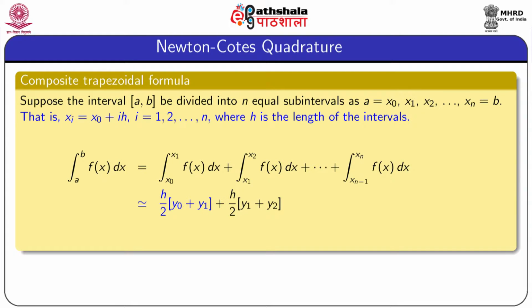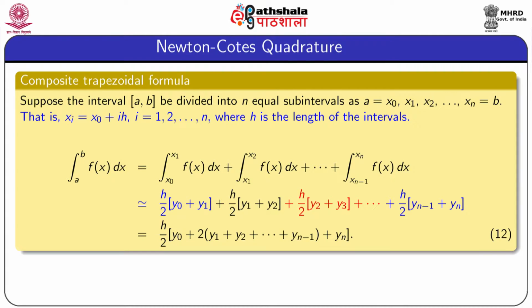The same is done for the second term, the third term, and the last term. All these values are calculated by the trapezoidal formula, and after simplification this formula becomes h by 2 into y0 plus 2 into y1 to yn minus 1 plus yn. So this formula, equation 12, is known as the composite trapezoidal formula.